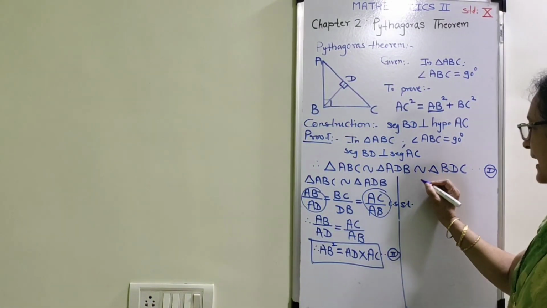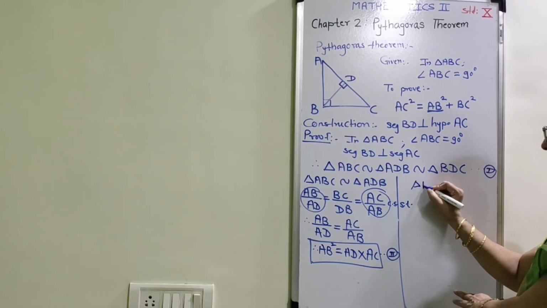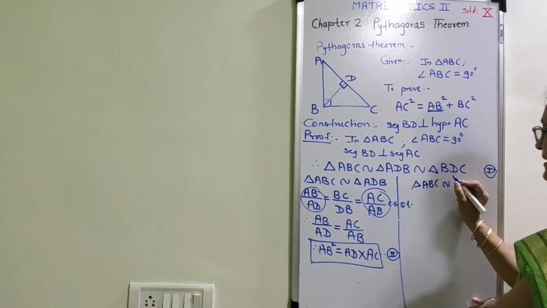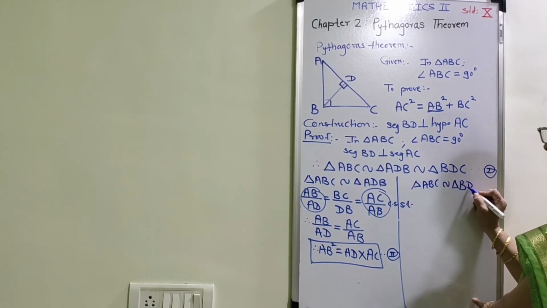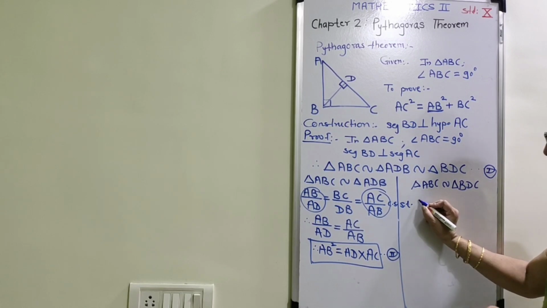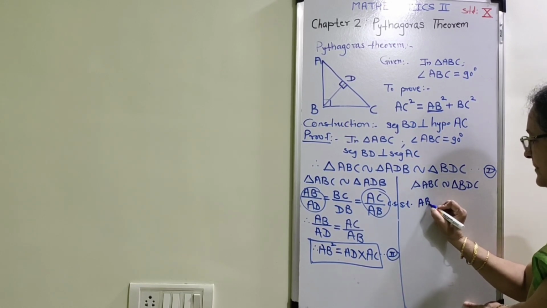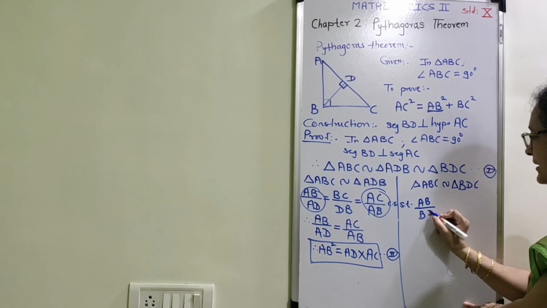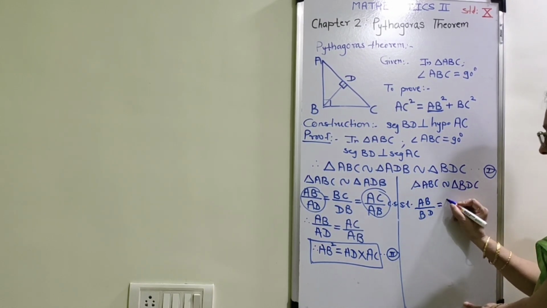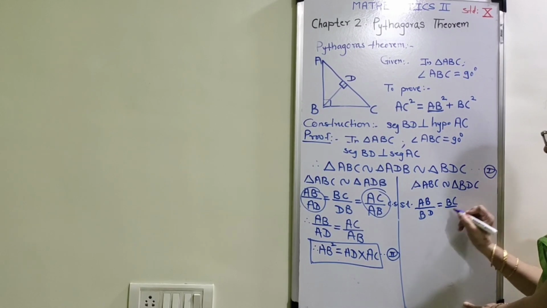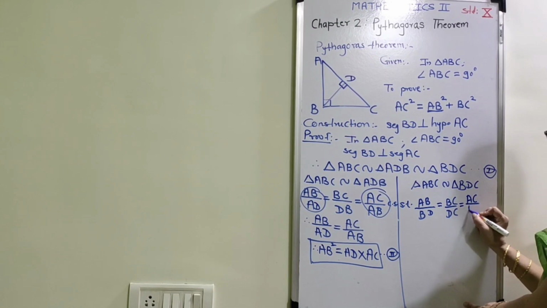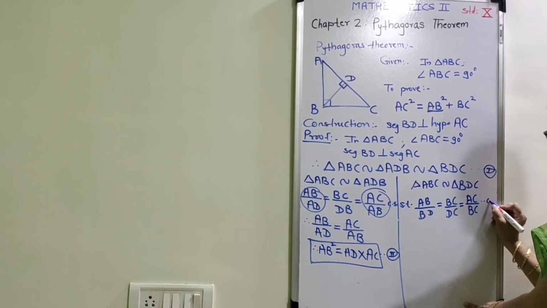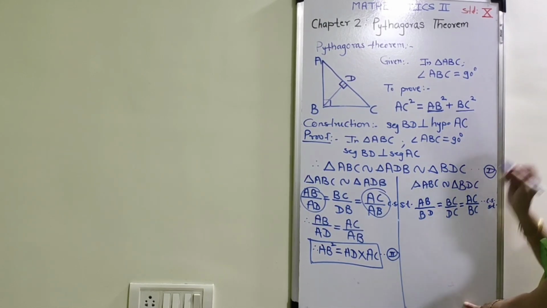Similarly, I will take the next pair: triangle ABC is also similar to the second triangle, that is triangle BDC. Again write the corresponding sides: AB upon BD is equal to BC upon DC, and that is equal to the last pair AC upon BC. The reason is corresponding sides of similar triangles. Now I want BC square.